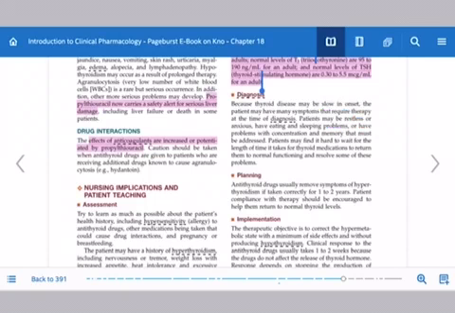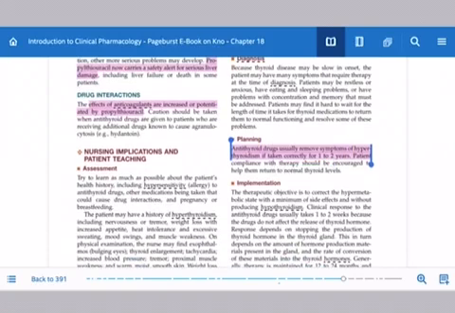All right. It says antithyroid drugs usually remove symptoms of hyperthyroidism if taken correctly for 1 to 2 years. And clinical response usually takes 1 to 2 weeks because the drugs do not affect the release of thyroid hormones.